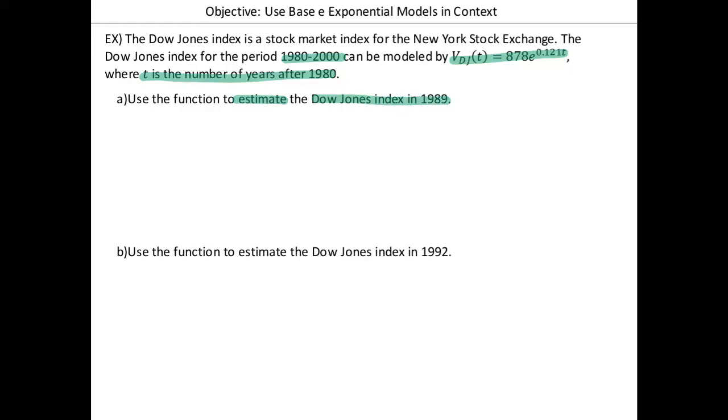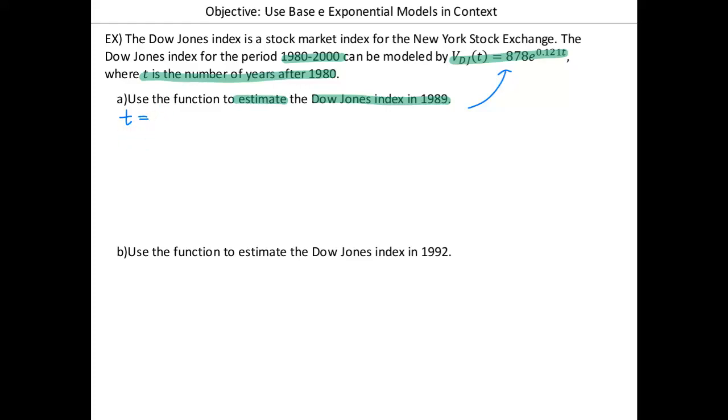So I need to figure out what my T is going to be so that I can plug it in to my function here. Because my only variable really that I have is T. E is not a variable, E is a number, and then I have T up here. So for part A, I need to figure out what to plug in for T.